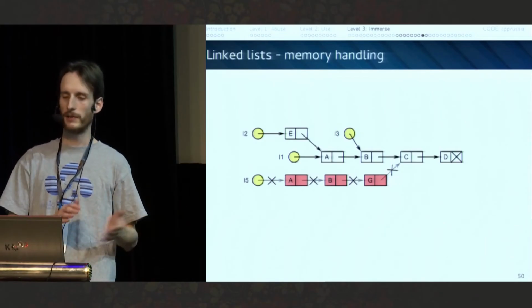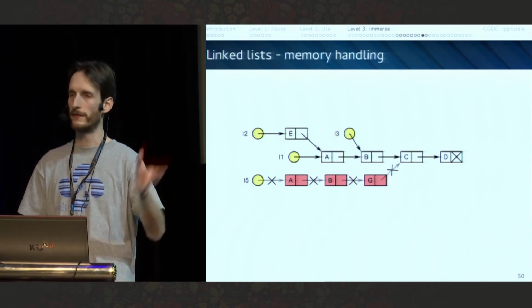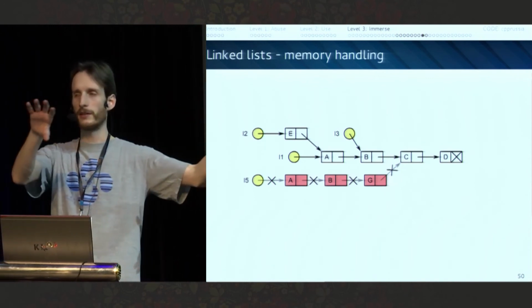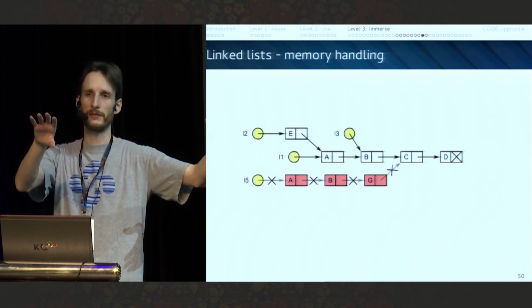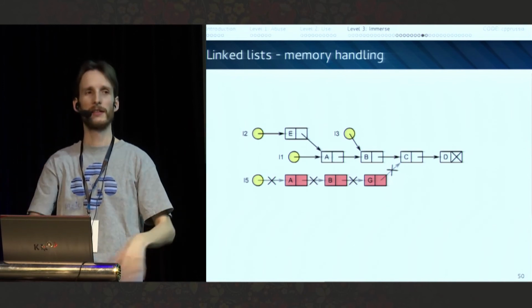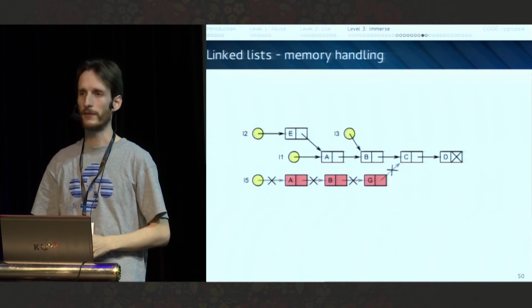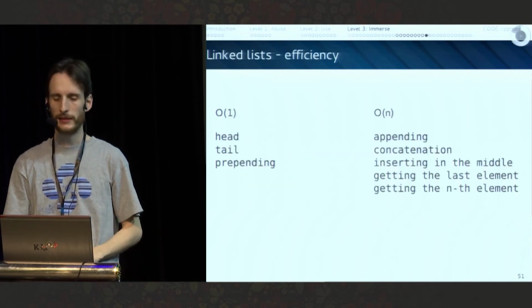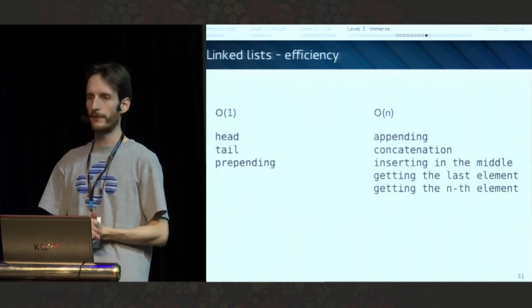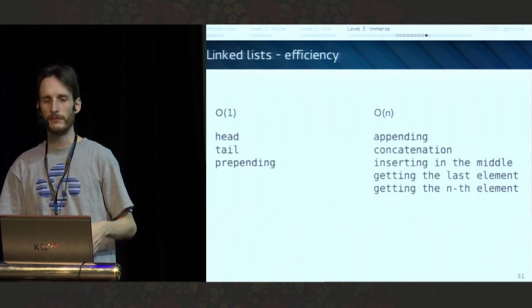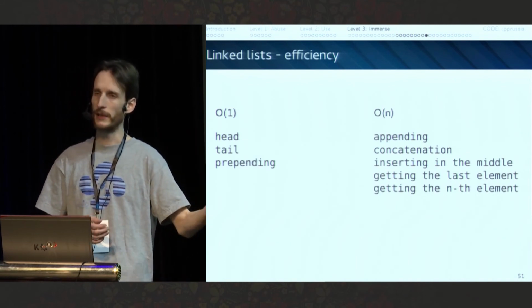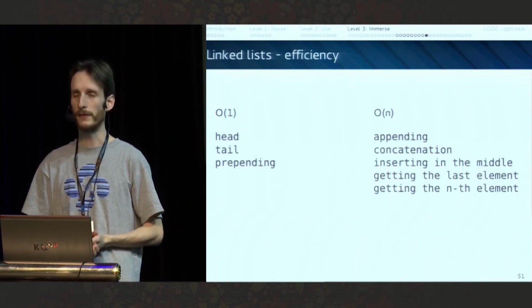So now memory handling. If these are shared pointers, if the head of one list is destroyed, it will take all the other nodes that don't have another parent automatically, unless it overflows the stack. But lists are not really efficient. Getting the head of a list, getting the tail of a list, prepending an element, these are all O(1).